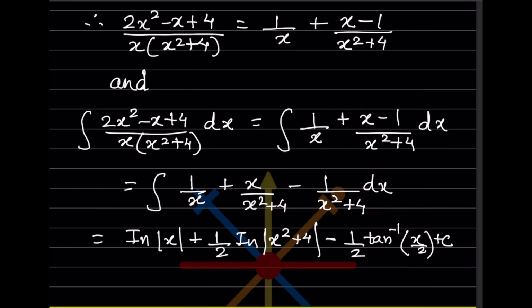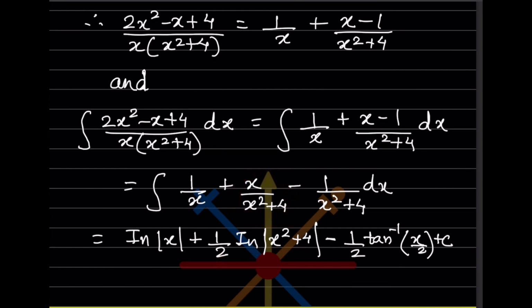When you look at the integration of 1 by x, that will be ln x. For the next one, you can have a look at the formulas. When we take the integration of x divided by (x² + 4), that is going to be half ln(x² + 4).